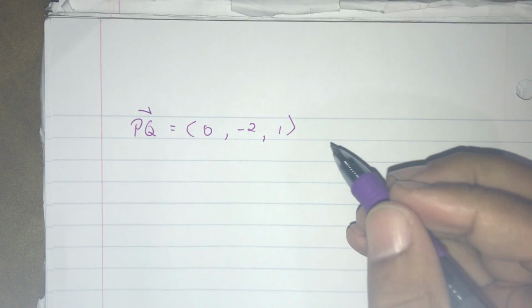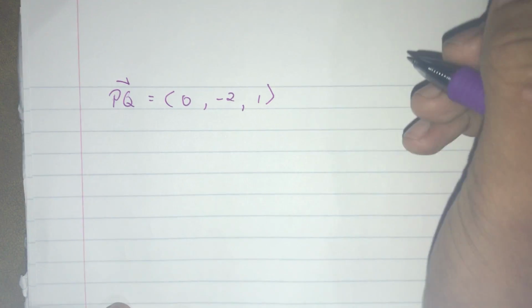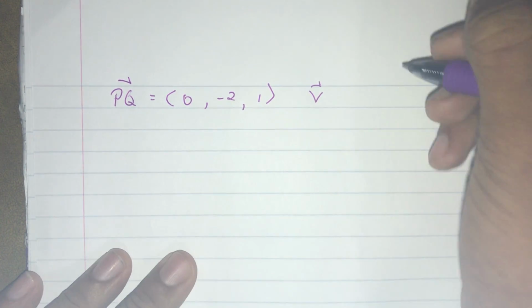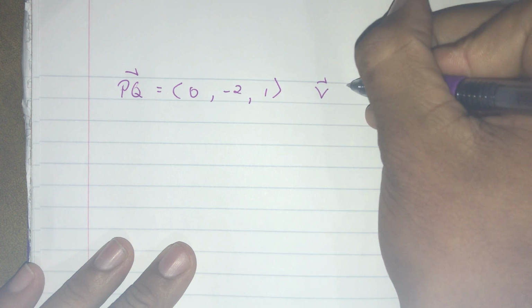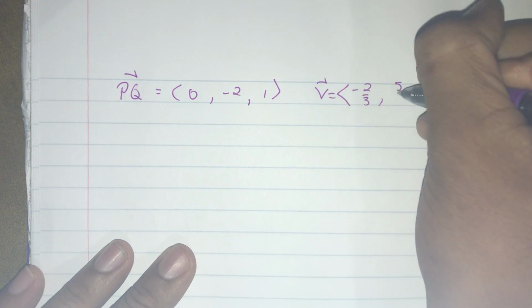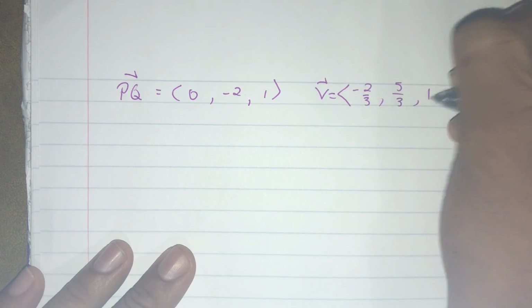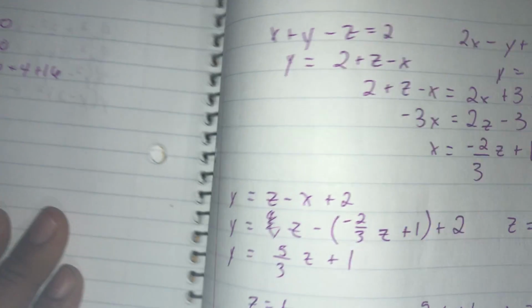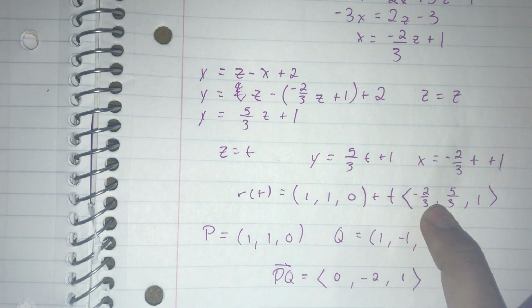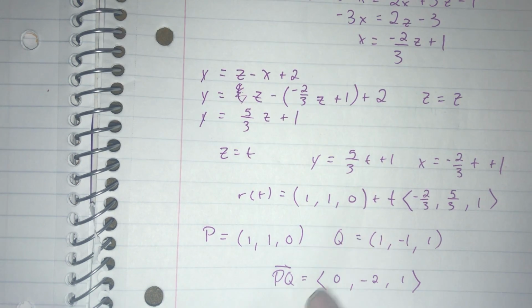And the vector that we got from our parametric equation, we're going to call that V. That is going to be (-2/3, 5/3, 1). Again, that's just from the equation that we had right here. So this is V, and then this was P, and then we got PQ from that.